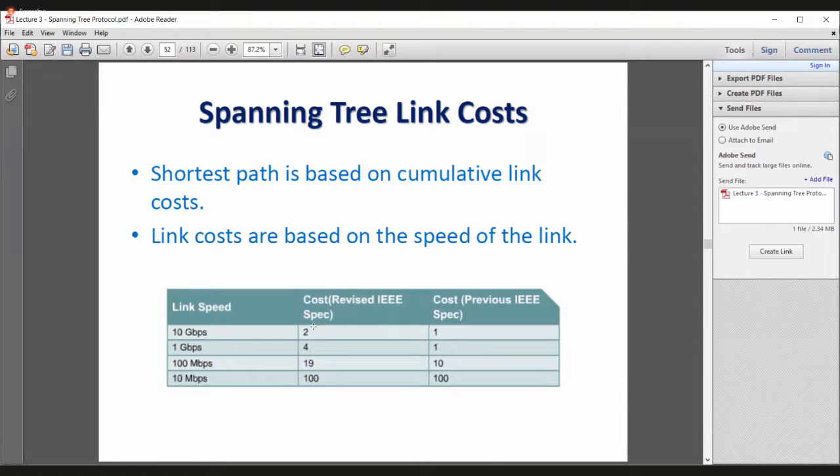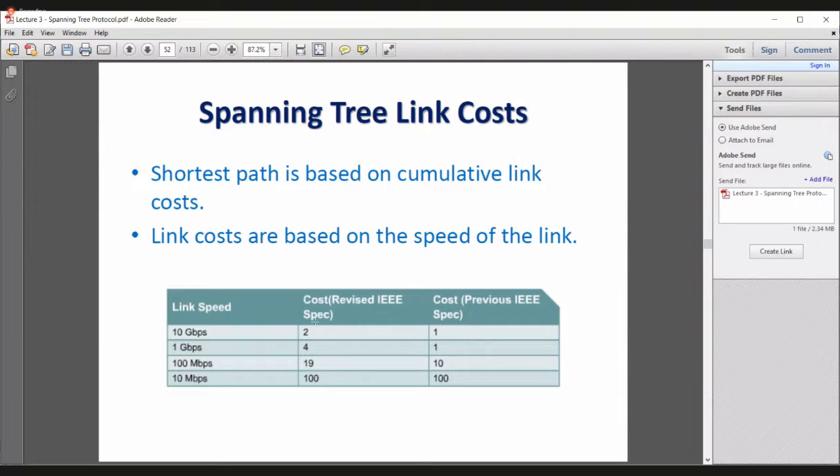When the data speed is significantly high, 10 Gbps, then the cost is low, because it allows us to forward more and more frames at one time. So time-wise, we take very little time to transfer frames over such a link. Right? Did you get the point?